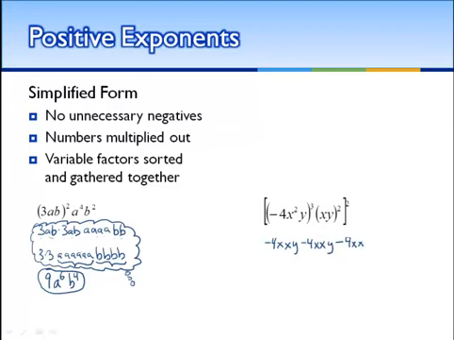Now I'm being a little lazy here because I'm not writing in all the multiplication signs. Really, these are all multiplications, and so this is really a negative 4 and not minus 4x squared y. We'll get into mixtures of adding and subtracting later on when we talk about polynomials, but for this particular unit, everything that we do needs to be multiplied or maybe divided together.